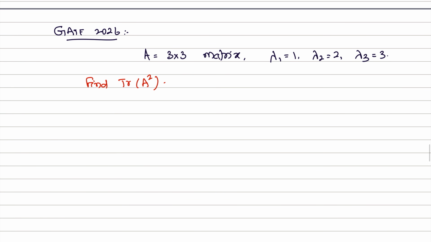What we have deduced? You see, it is a one step, simple, few seconds problem. Solution is trace of A to the power of n is equal to lambda 1 to the power of n plus lambda 2 to the power of n plus lambda 3 to the power of n and so on.